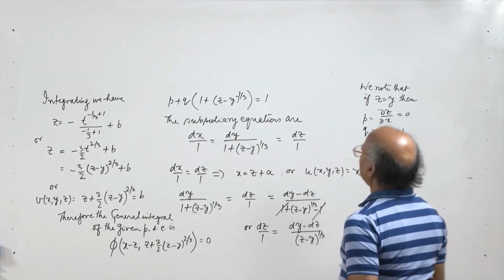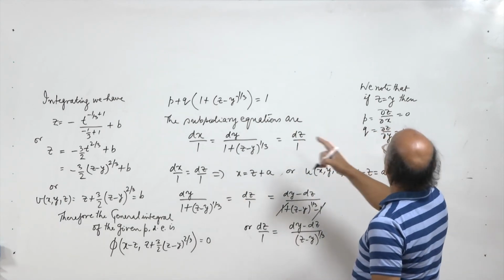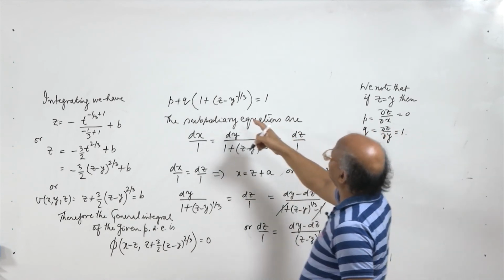So if you look at the given partial differential equation, p is equal to 0, q is 1, and z is equal to y.